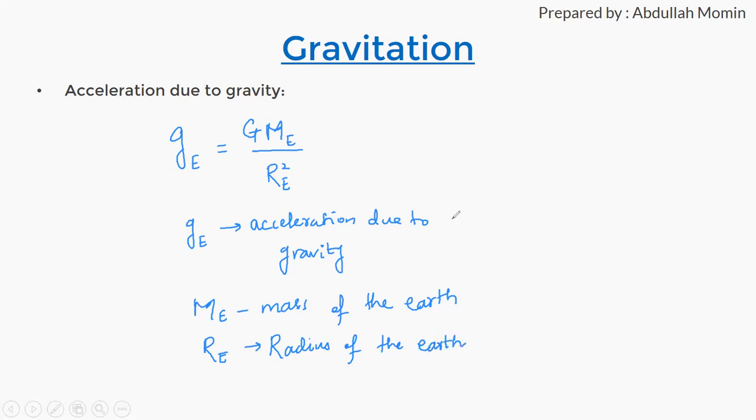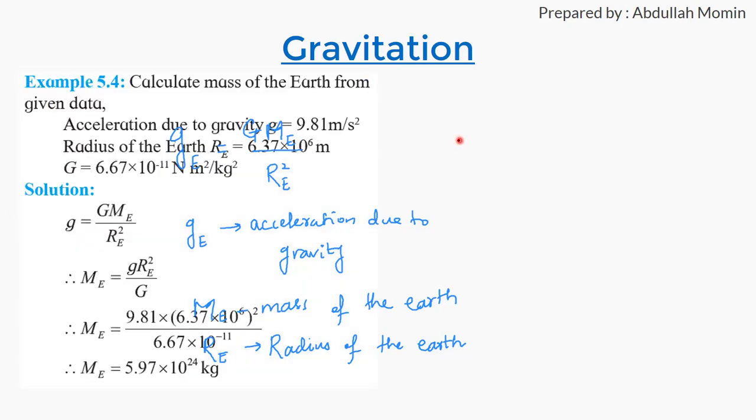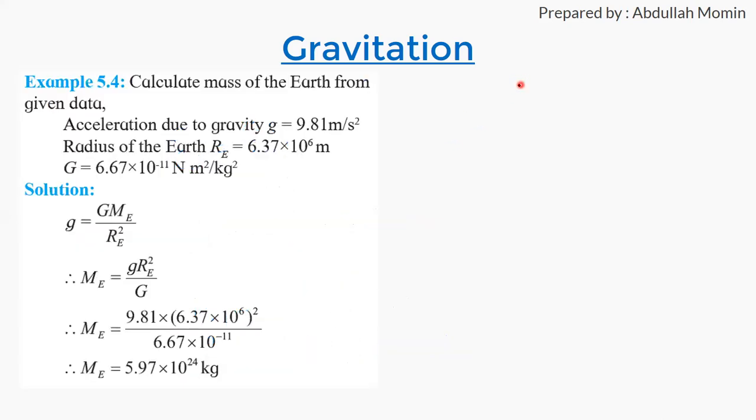So now we are going to solve a numerical based on this formula. What does the numerical say? It says calculate the mass of the earth from the given data. We are supposed to calculate the mass of the earth.